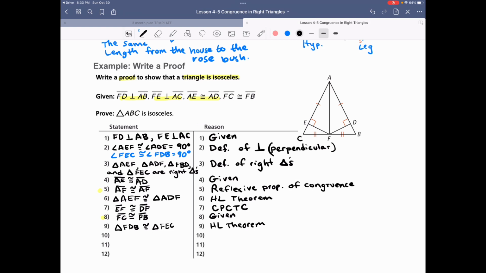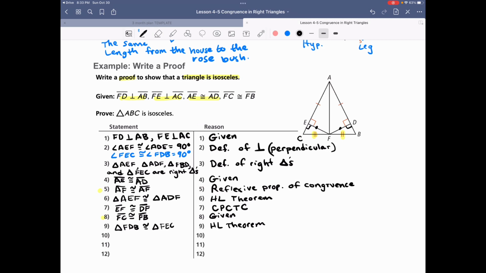Because we were given, I'm going to highlight what we were given. We were given this FC and FB are congruent. We also just found out in the step before that these are congruent. And we also found out before that the angles are 90. And if that's true, then those two triangles are congruent because of the hypotenuse leg theorem.